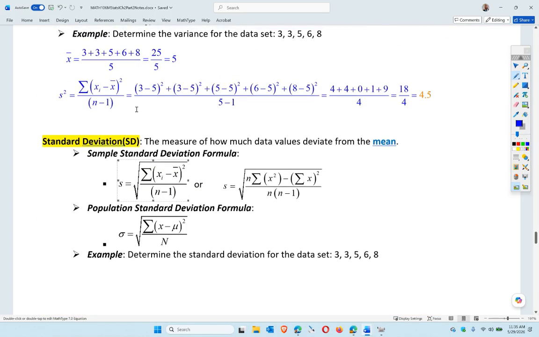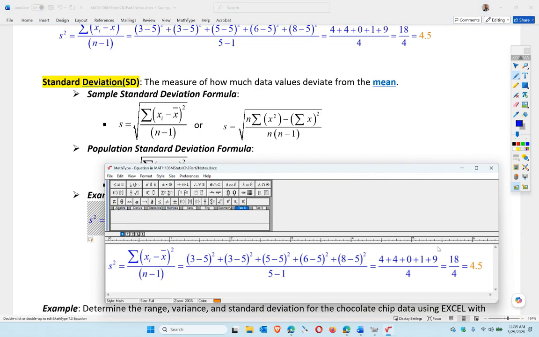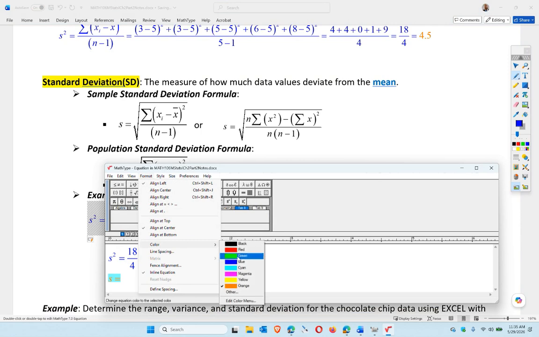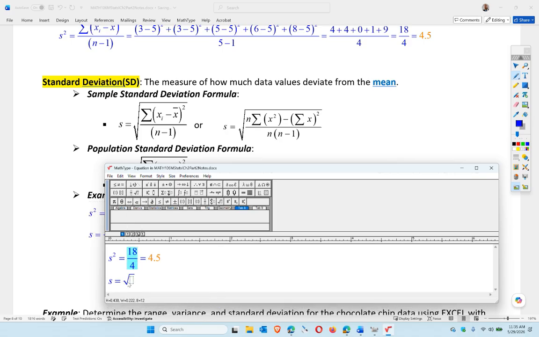Let's cheat a little bit. We'll copy this and paste it down here. But we know that we don't need all of this, so we're going to get rid of all that. So my S, let's format color blue, is the square root of this, which essentially is the square root of 4.5.